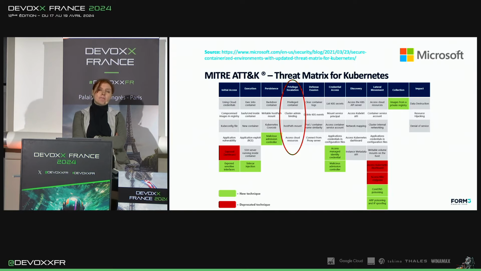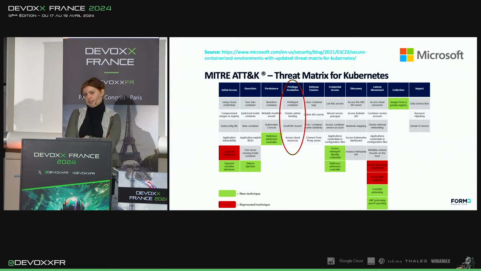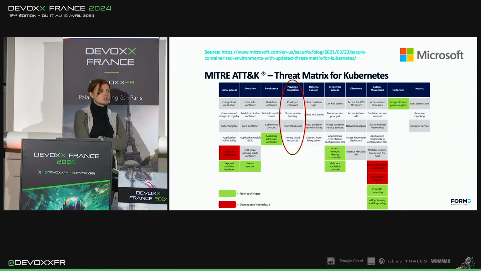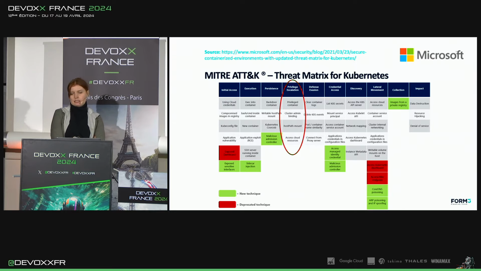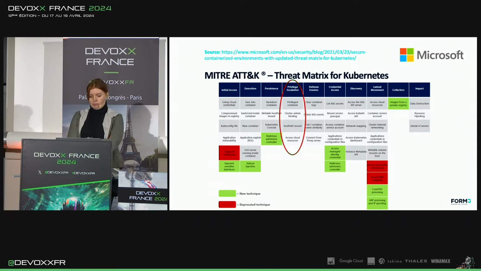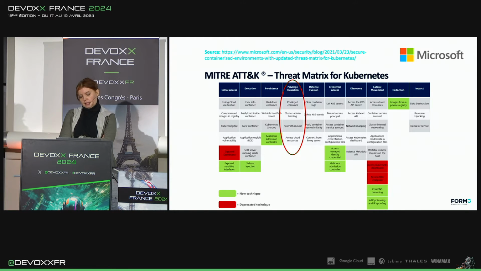However, I don't fully like it. Why? Because it doesn't exhaust all possibilities of how privilege escalation in Kubernetes could be done. If we take a closer look at it, okay, access cloud resources, that's a very generic one. But we also have different categories here, different abstraction levels.